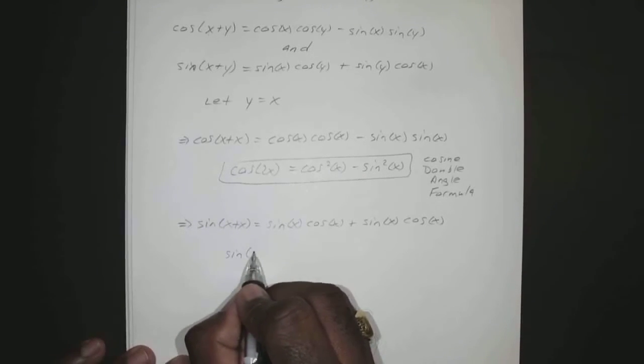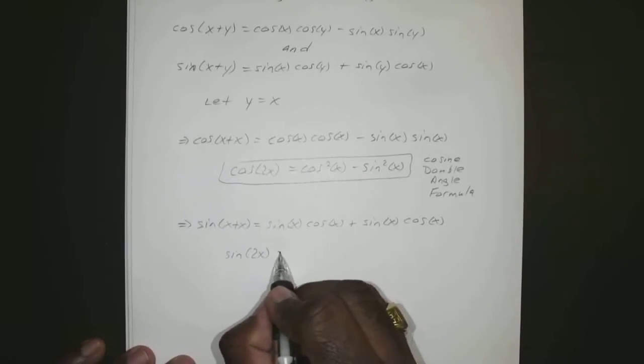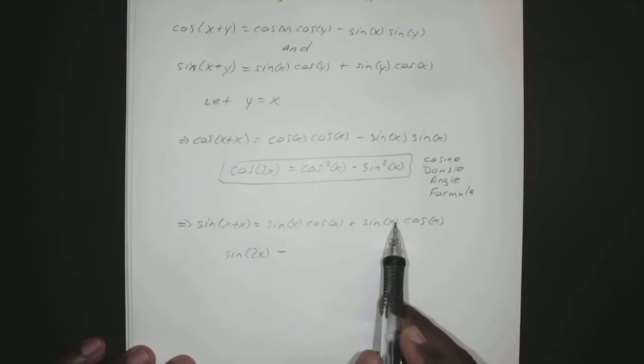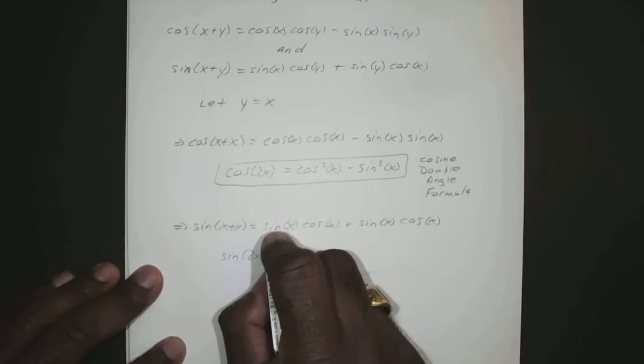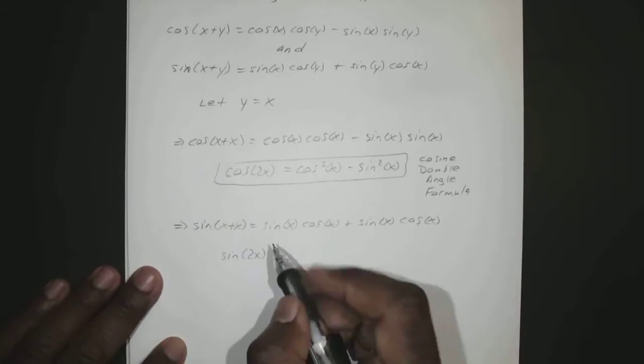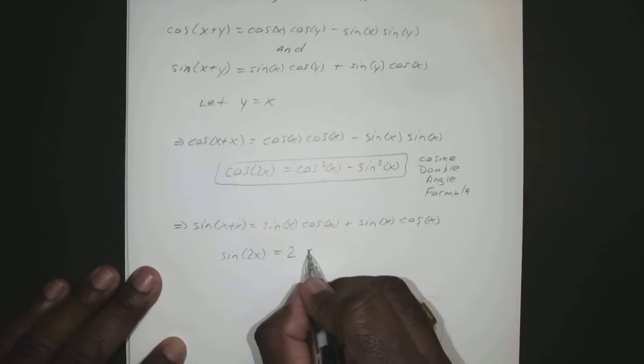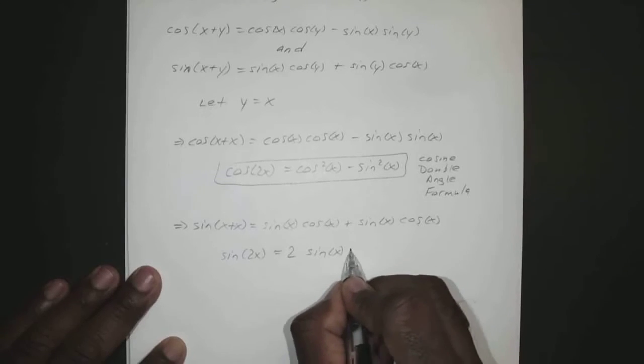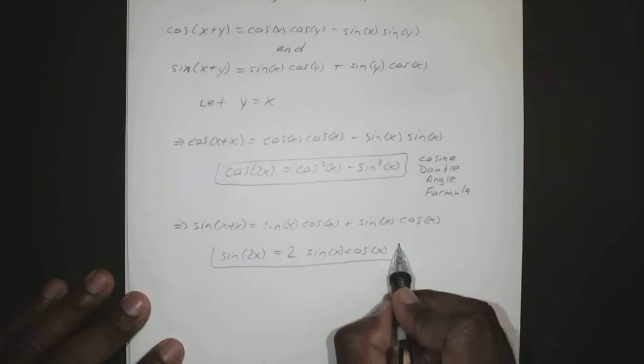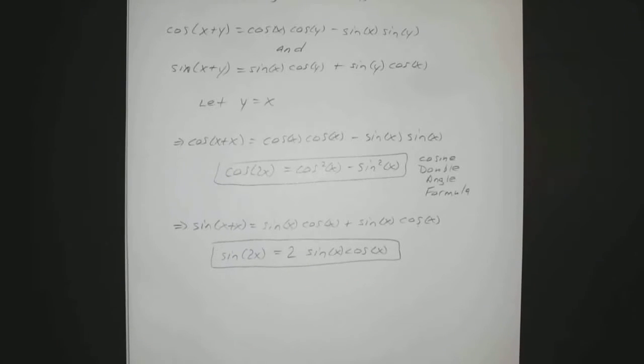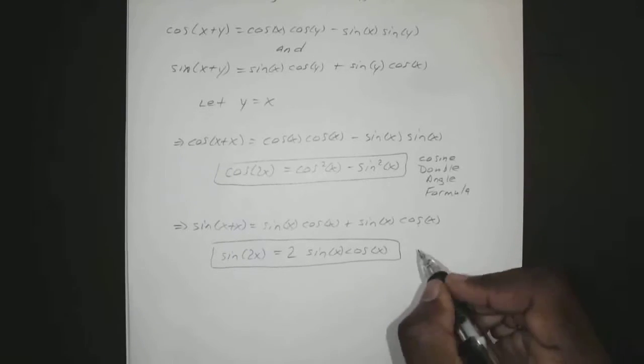So that means sine of 2x, you have sine x cosine x plus sine x cosine x. That's just equal to 2 sine x cosine x. Okay, which is our sine double angle formula.